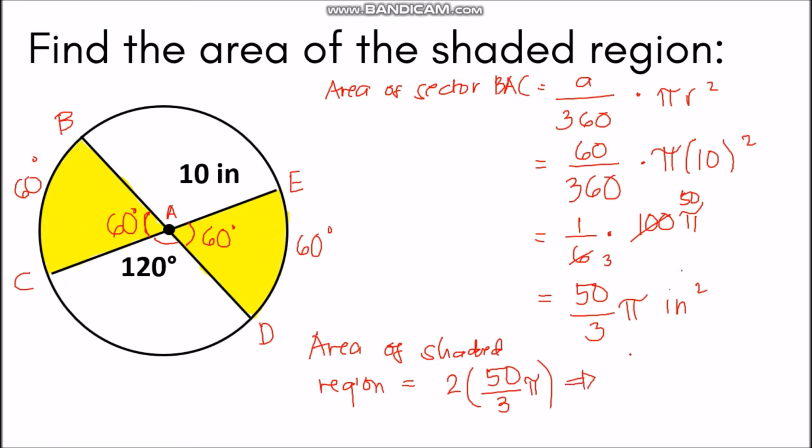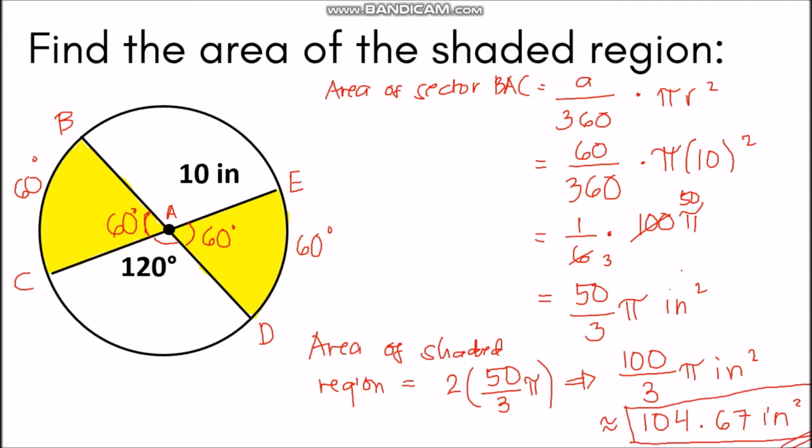Then we have now 100 over 3 pi square inches, or the estimated value of that is 104.67 square inches. So the total area of the shaded region is 104.67 square inches.